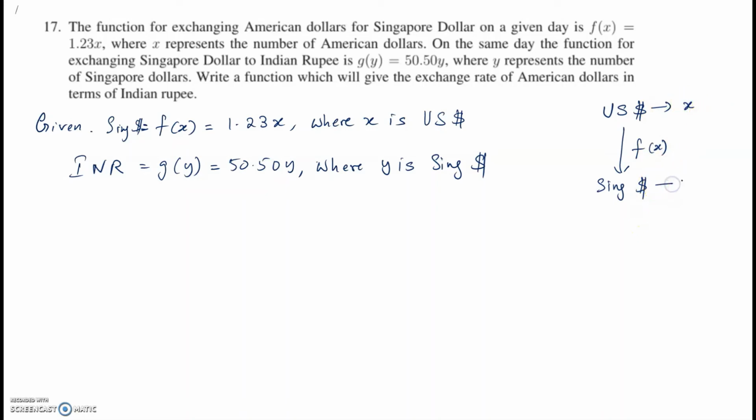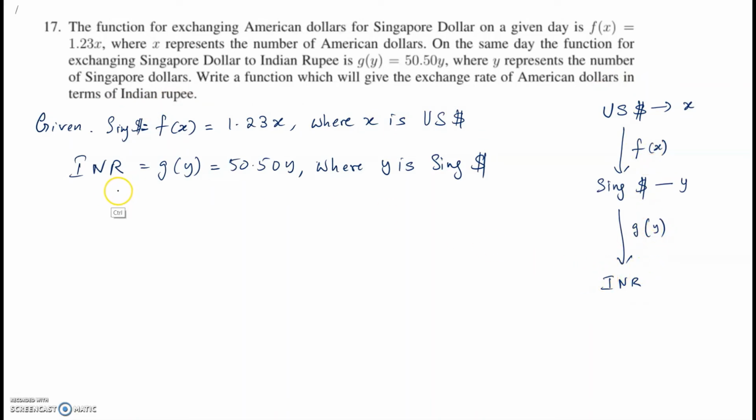So if this Singaporean dollar is y, then you convert it to INR using the function g of y. All right, so you can see it's like a composite function. Now what is asked is, write the function which will give you the exchange rate of American dollars in terms of Indian rupees. So now we are given this US dollar, you need to get INR. So it's a composite function.